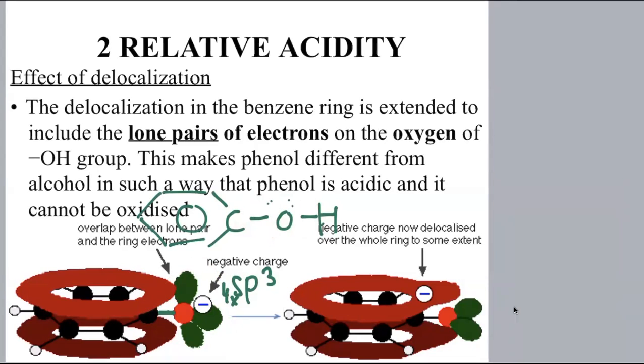I don't know if you can see that, but there are 4 electrons around the oxygen. And each pair of electrons sits in an sp3 orbital. So if you look here, that's sp3, sp3, sp3, and sp3, so 4 sp3 orbitals altogether.